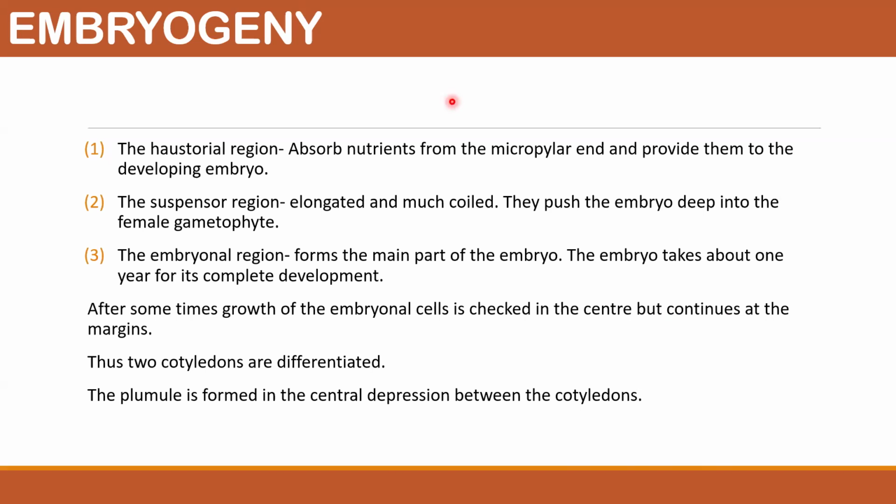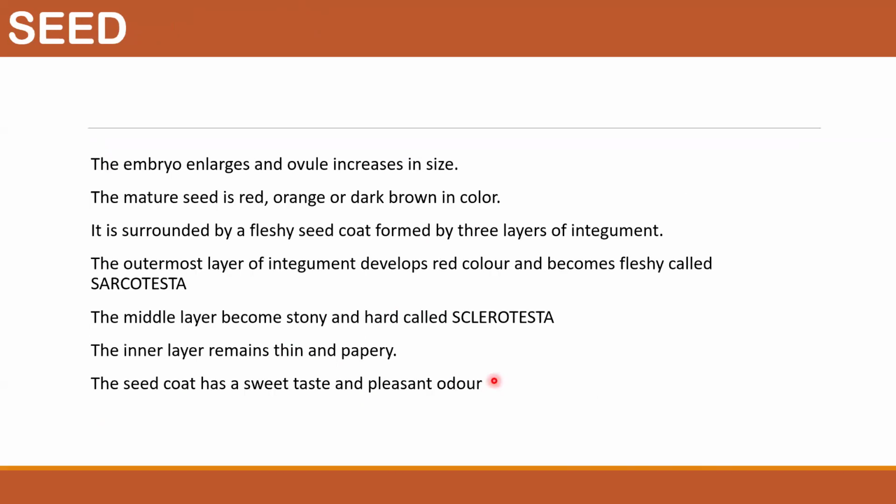The suspensor region elongates and becomes coiled, which puts the embryo deep into the female gametophyte, and the embryonal region forms the main part of the embryo, taking about 1 year for complete development. After some time, the two cotyledons are differentiated and the plumule is formed in the central depression between the cotyledons, forming a well-developed sporophyte.